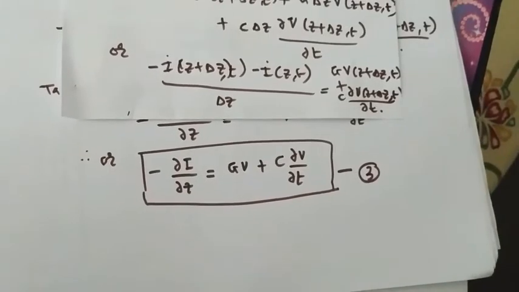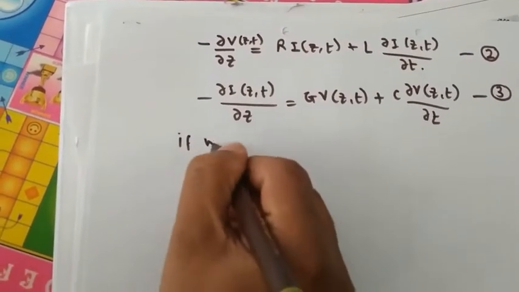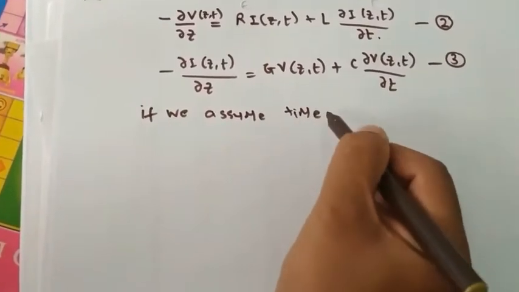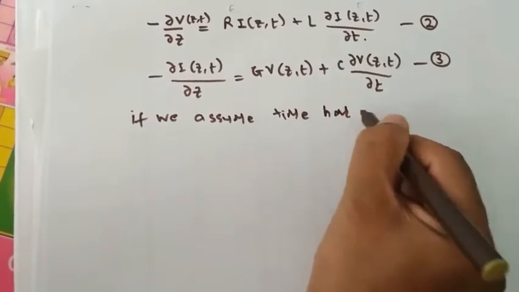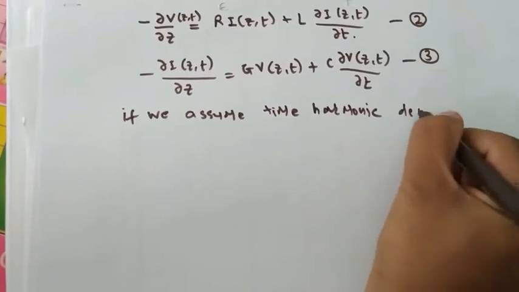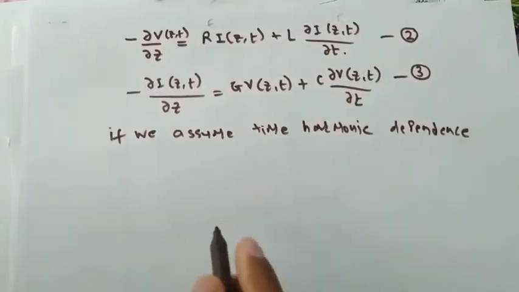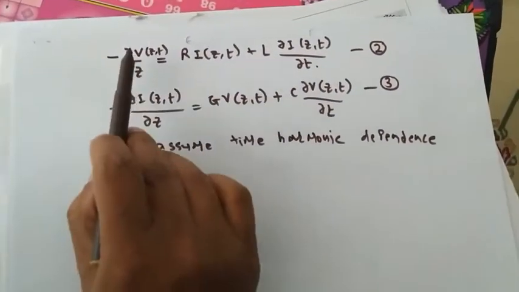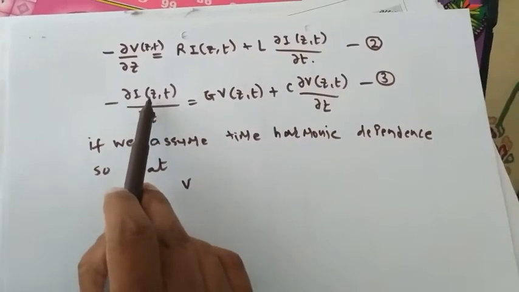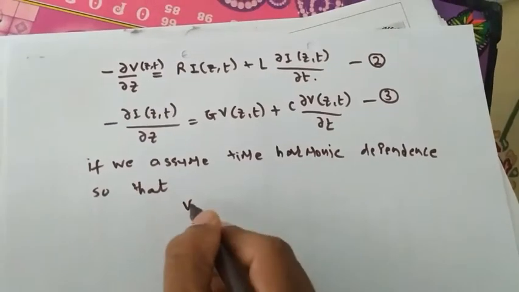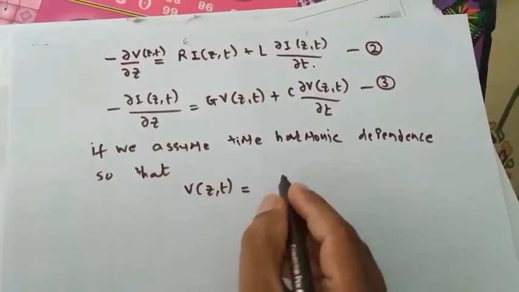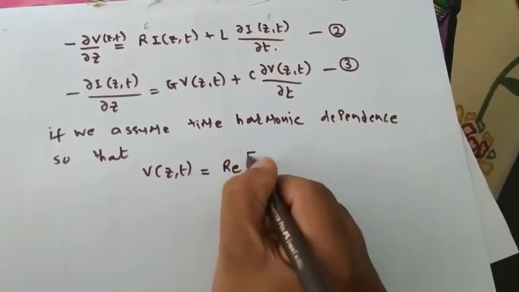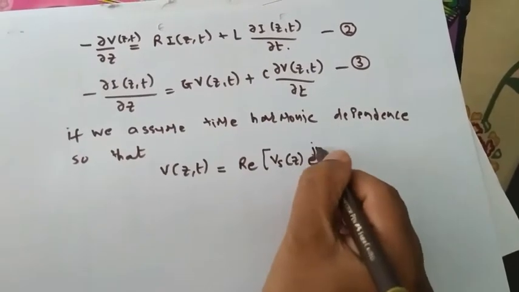So if we assume the time harmonic dependency, I can express this voltage and current, which are in terms of the space variable and the time variable, as V(z,t) equal to the real part of Vs(z) e^(j omega t).